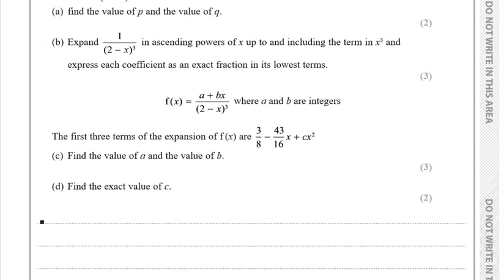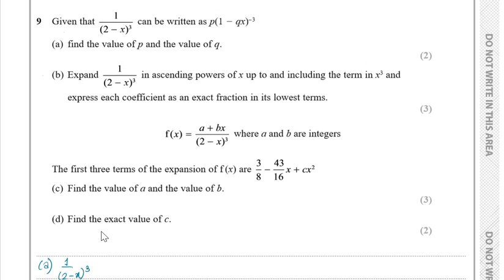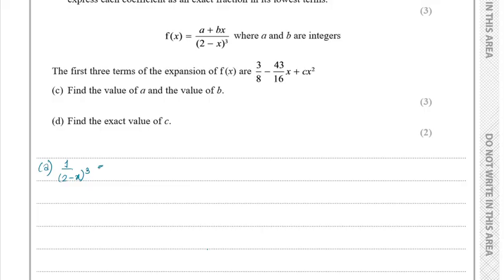So for part A, I will write the given expression, which is 1 by (2 minus x) cubed, and this can be written in this form as well: 2 minus x to the power minus 3.